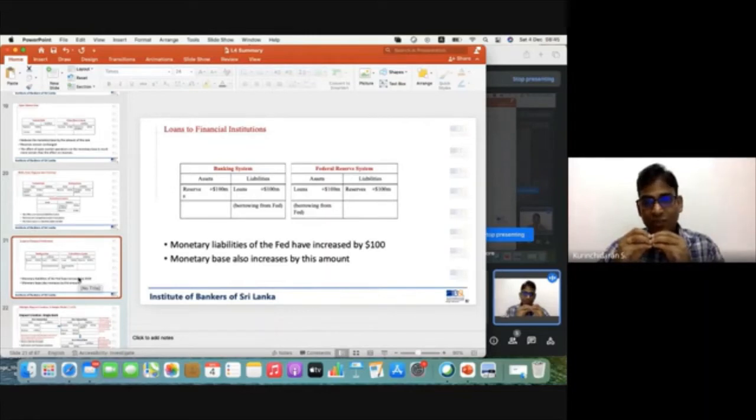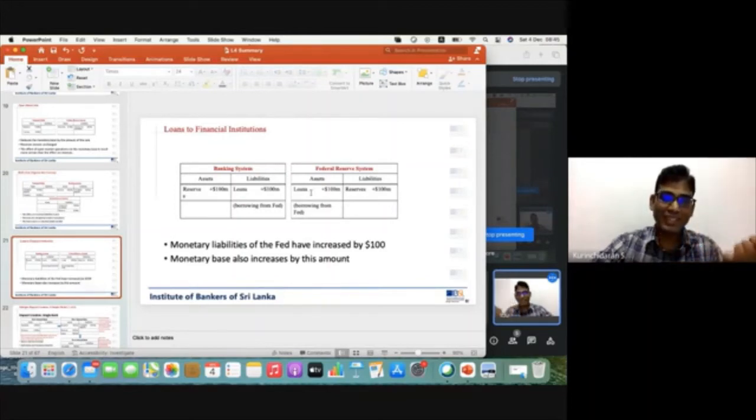When somebody, or the bank, is borrowing from the central bank, on the asset side it goes as a loan, because the central bank is lending 100 million. So the central bank passes the entry to the reserve account, the bank's reserve account. So the liability is also increasing by 100 million as a reserve, and the asset is also increasing by 100 million as loans.